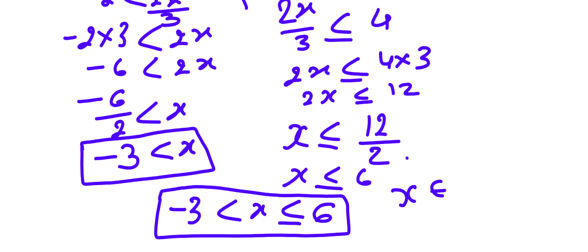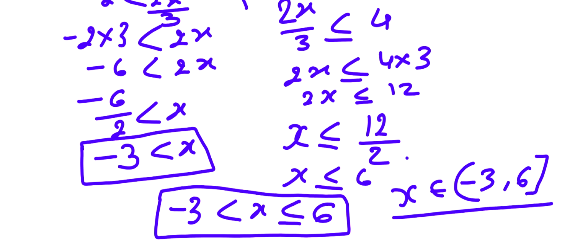We can write an open interval at minus 3, because the equal sign is not on the left, comma 6 closed. Okay, this is the solution set. You got it?